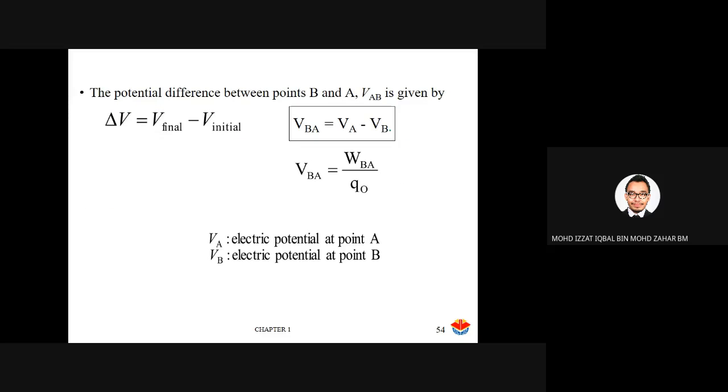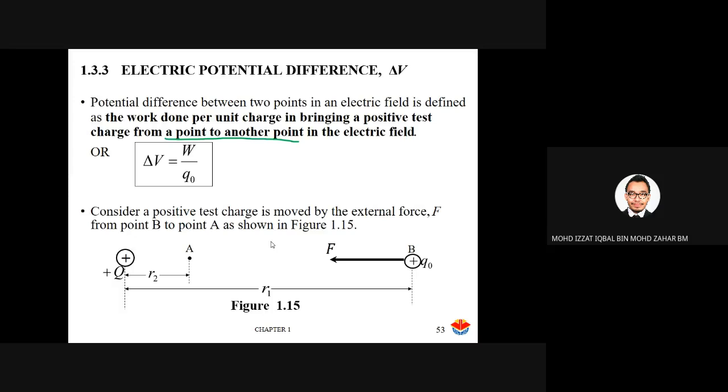So A minus B lah, like this. Work B to A is work done in bringing positive test charge from B to point A. If the question want you to find work, katakan soalan dia ada relation with work kan, so delta V ni dia mesti final minus initial.